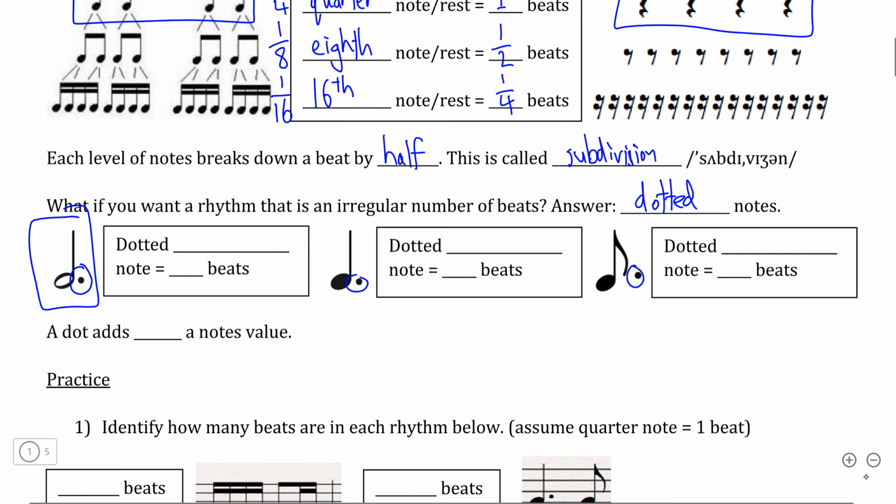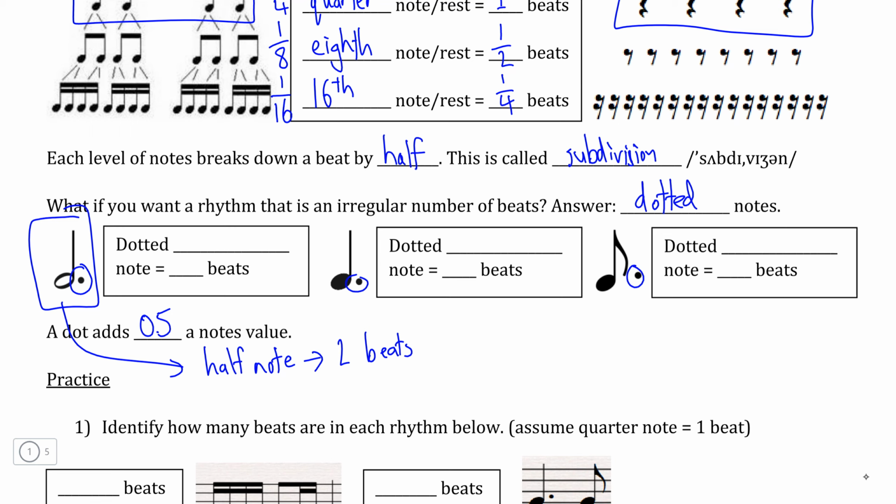And the very simple mathematical relationship that the dot has, each time you add a dot, it basically means take the value of the given note. So in this case, this dotted note is a half note, and we know that each half note is going to be 2 beats long, and if we assume that the dot means to add half the value of the original note here, a simpler mathematical way of representing this is simply take the number of beats and multiply by 1.5.